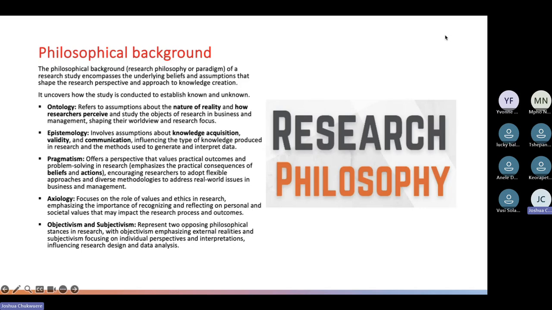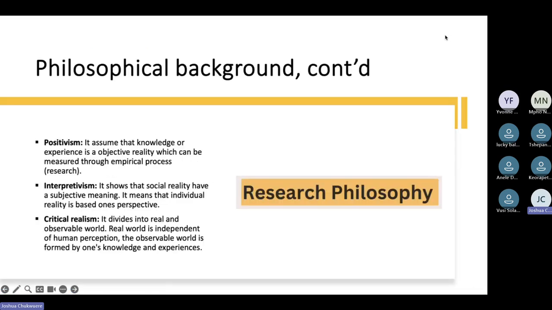Because you cannot separate one from his or her society. With the influence you have on society, society has influence on you, and that can define the kind of influence you're going to throw back to society. So the external reality versus the personal perspective on how the person will be able to interpret his or her reality. And that is what the paradigm, the philosophy, will do for you.